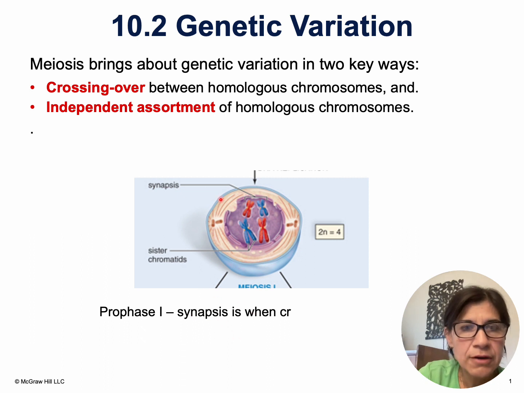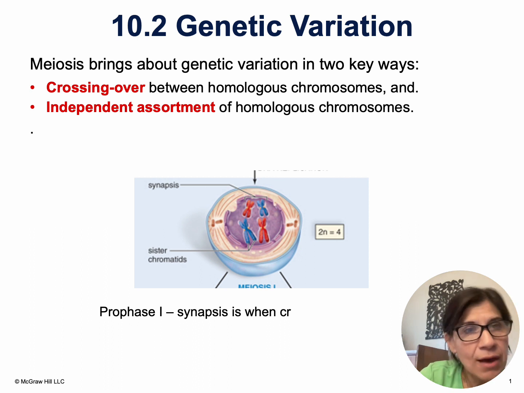It occurs in prophase 1. You can see up here, these are homologous chromosomes, and down here, they're homologous chromosomes because they are of the same size, their centromeres are in the same position, and they contain the same genes.